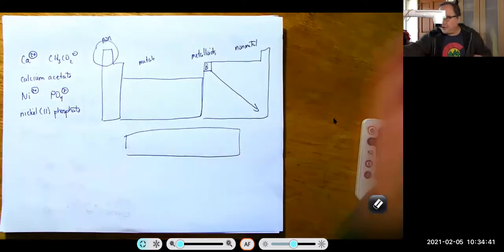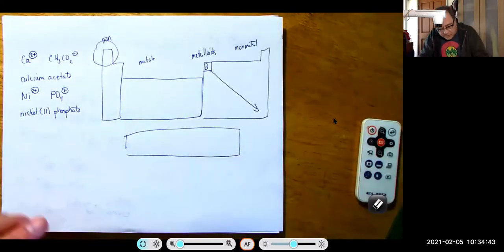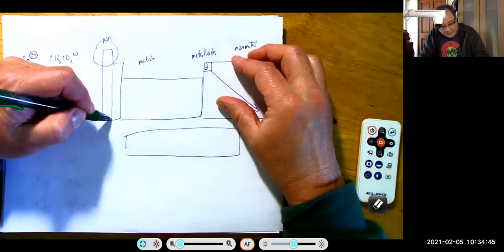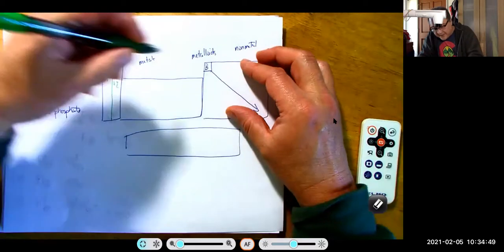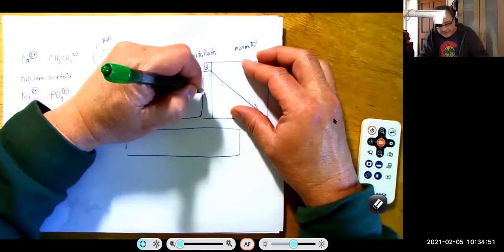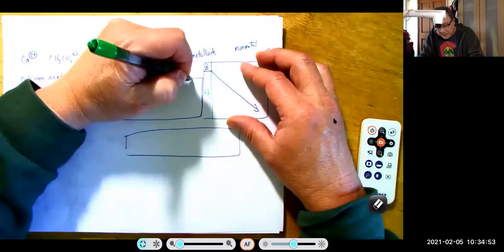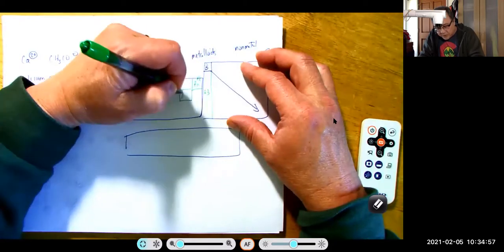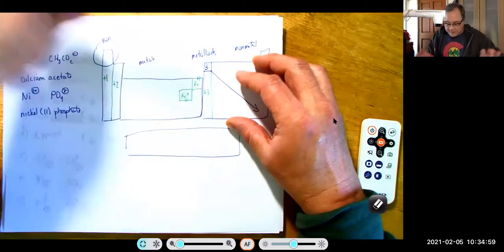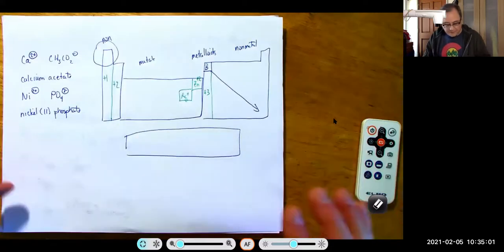The fixed charge ones I'm going to do in green. These are all +1. These are all +2. And these are +3. Here we have zinc, which is +2. And here we have silver, which is +1. So those are all of the fixed charge ones.